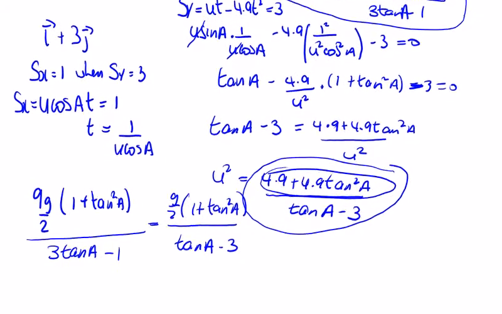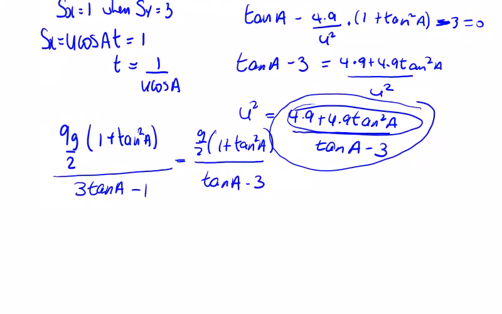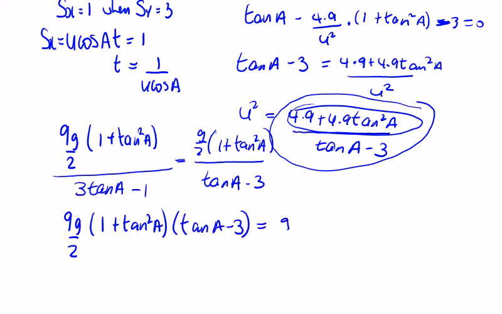Now we could divide by 1 plus tan squared a, but I'll write it out in long form. 9g over 2 by 1 plus tan squared a. We're cross multiplying here, by tan a minus 3 equals g over 2 by 1 plus tan squared a.